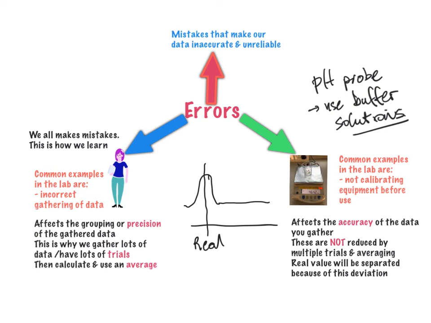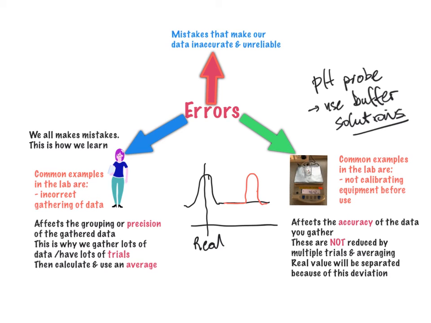What we do with ours is we have the same sort of numbers, but we just move them down here, above or below the real value. And that's what it says about affecting the accuracy. Basically, it means all your results are going to have the same inherent inaccuracy, so it's error.